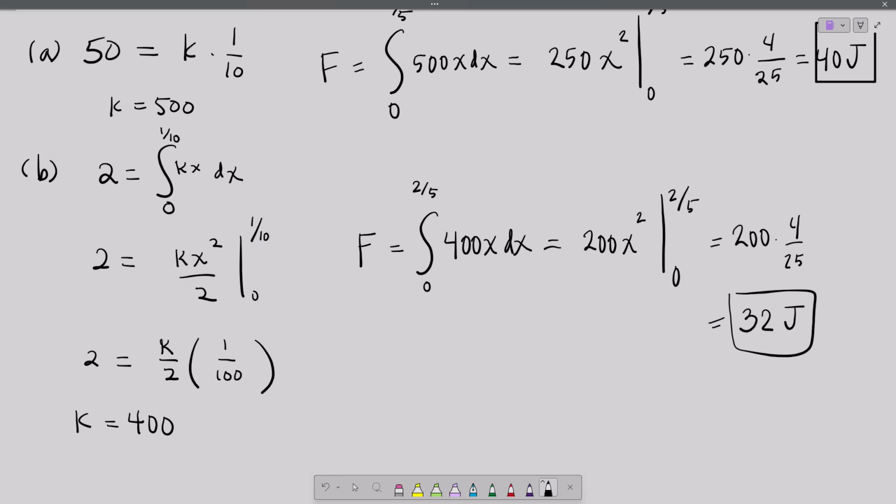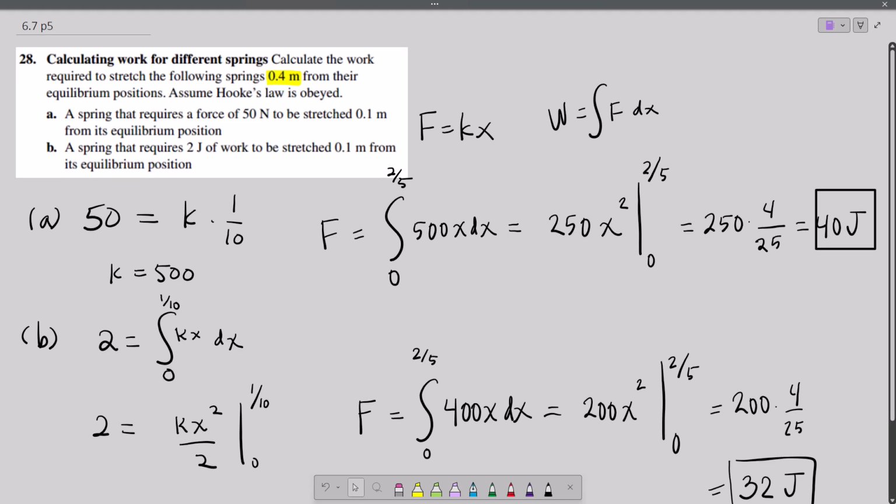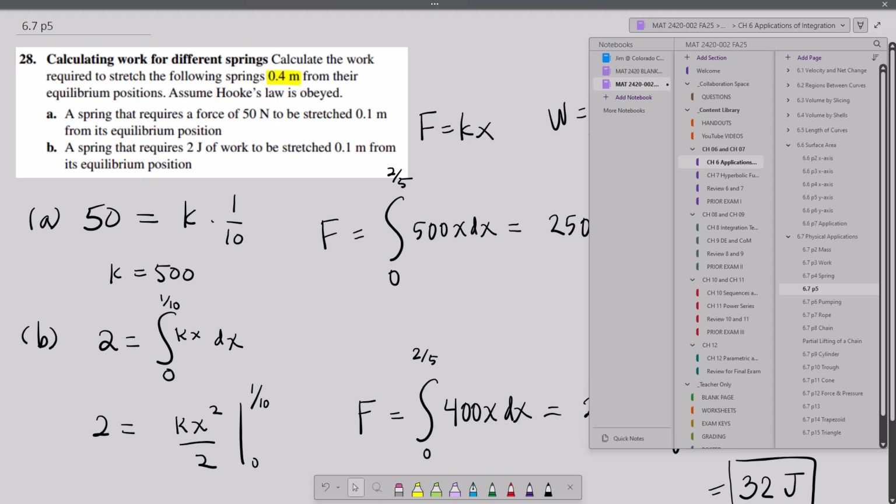I'm not going to mark you off if you use positive instead of negative, because the work's the same. It wants the force though. Oh, if it wants the force, that is different. The force can be different, yeah. But there is the symmetry. But in either case, you're going to end up with the same exact work.